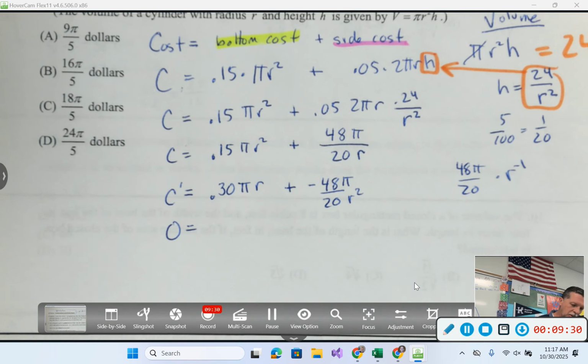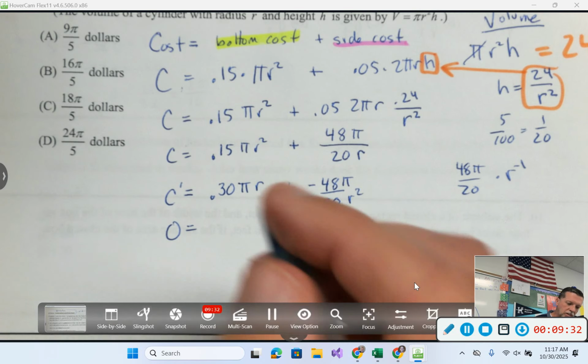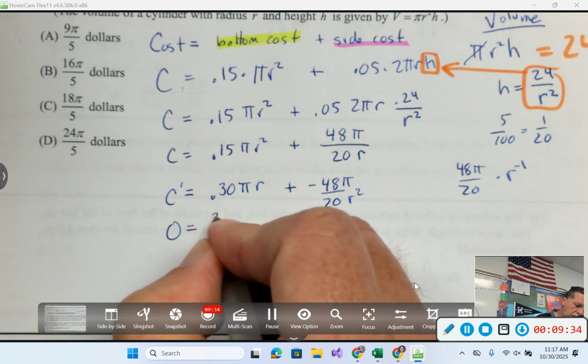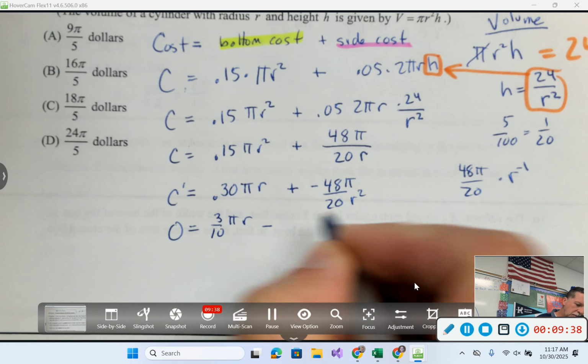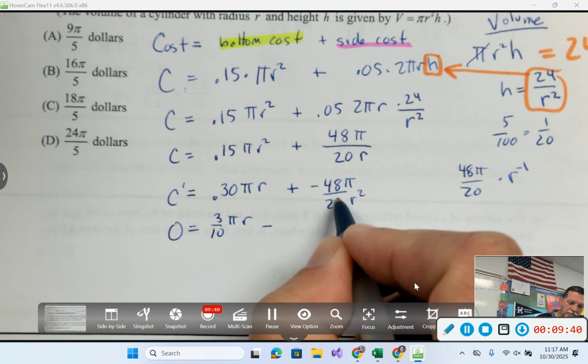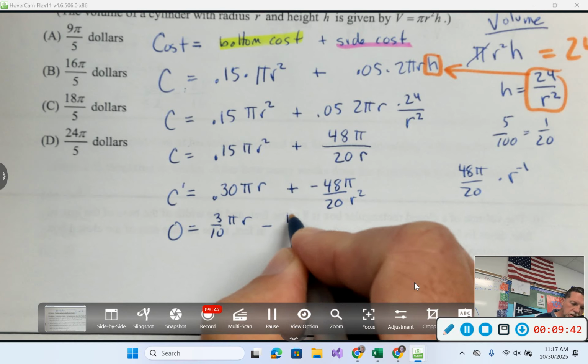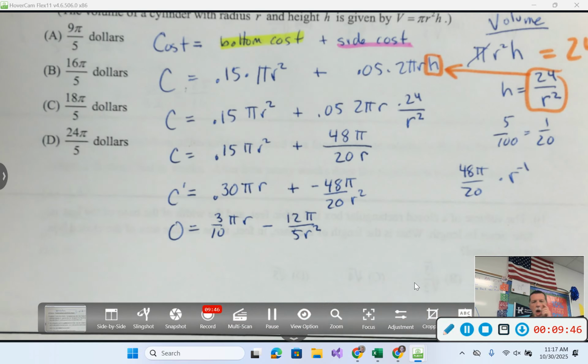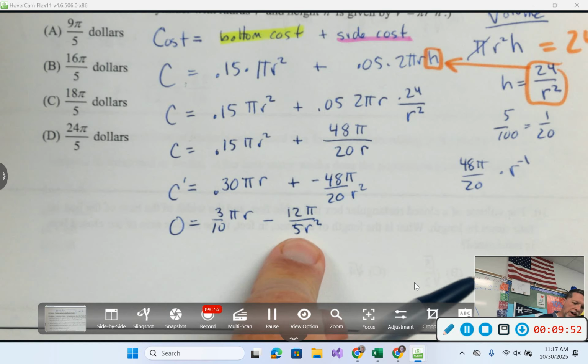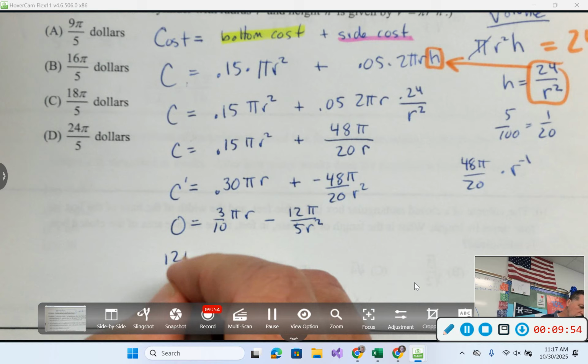Okay, here comes our algebra fun. In fact, we're done with calculus. That would be 3/10 pi r minus, let's go ahead and reduce by 4, 12 pi over 5r squared. I'll move the 12 pi over 5r squared over.